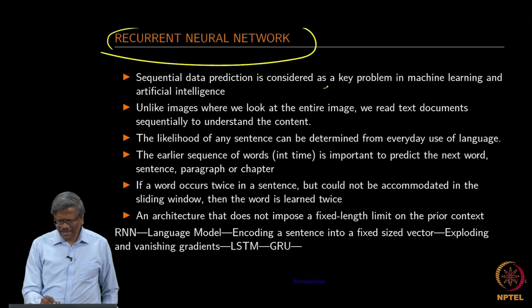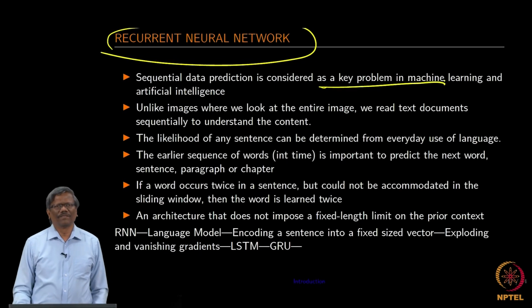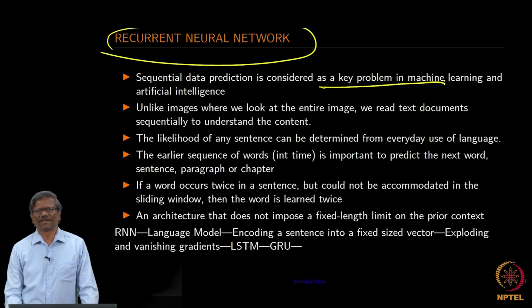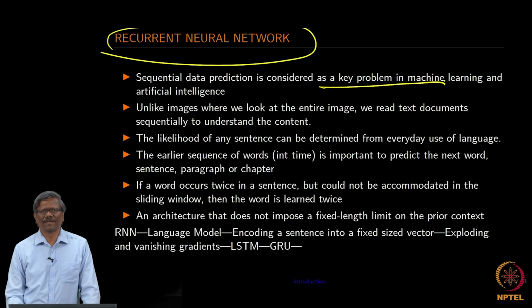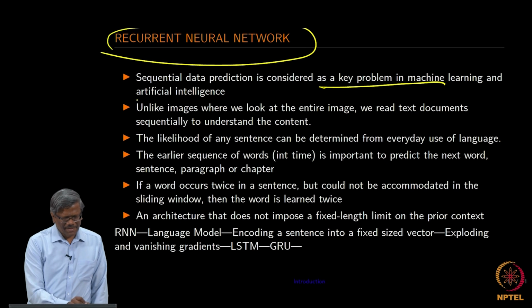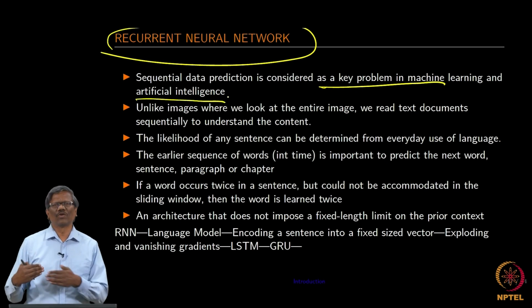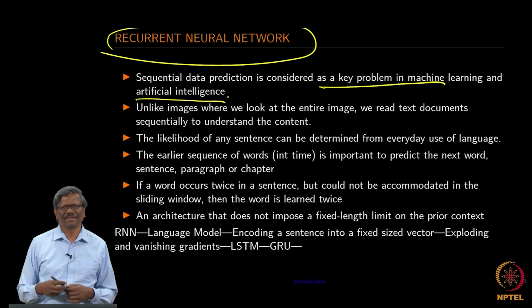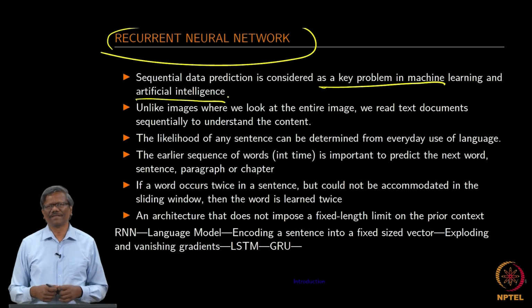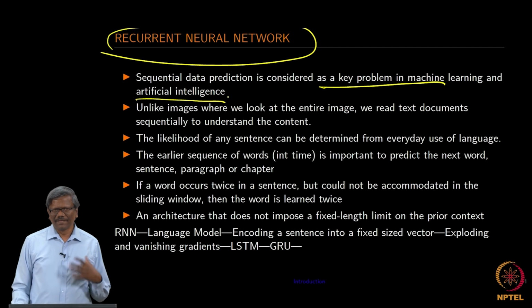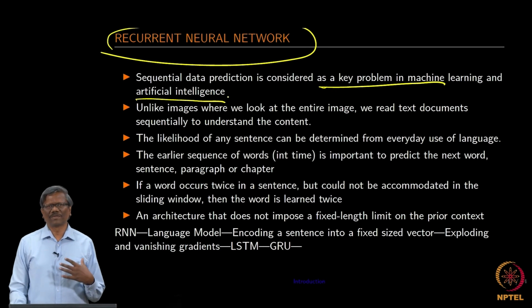So, this is one of the key problems. Sequential data prediction is considered a key problem in machine learning and artificial intelligence. If you are able to understand a sentence, that means you are gaining more and more knowledge about that language and the words in the sentence, right. And language understanding is always about intelligence.